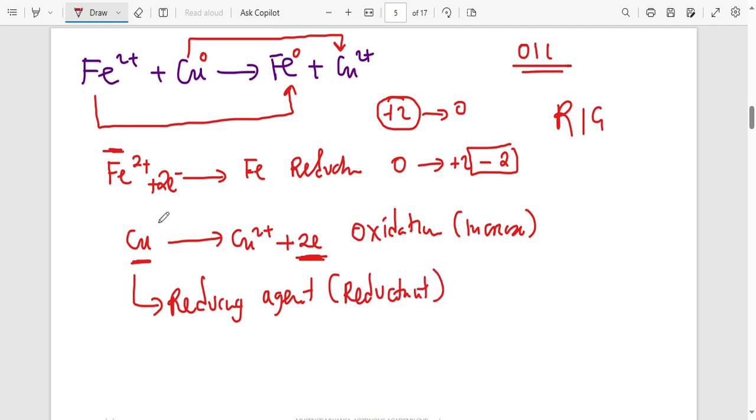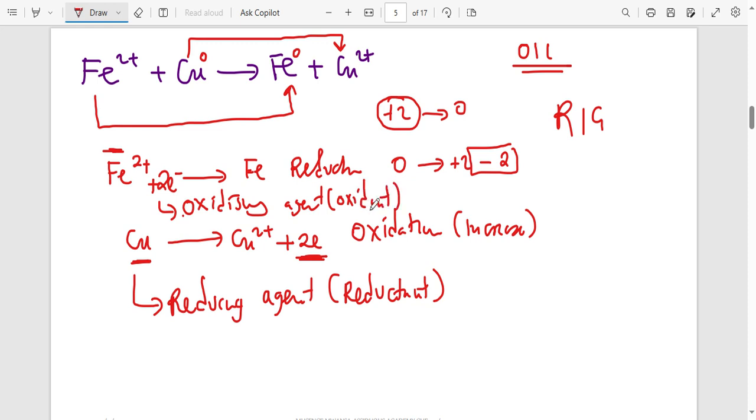The compound that undergoes reduction is known as the oxidizing agent, also known as the oxidant.